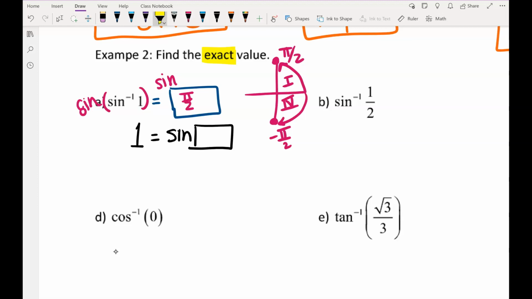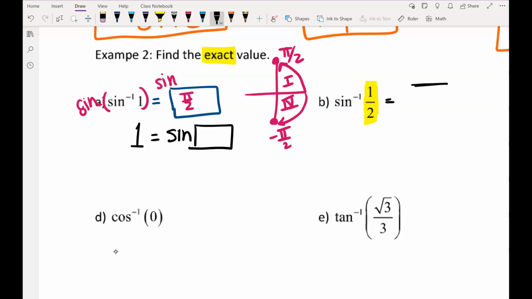1 and 4. Is this right here a positive ratio? So that means this angle can only be coming from which quadrant? 1. So now think about the angle. What angle in quadrant 1 is going to give us a half? Give it to me in radians.